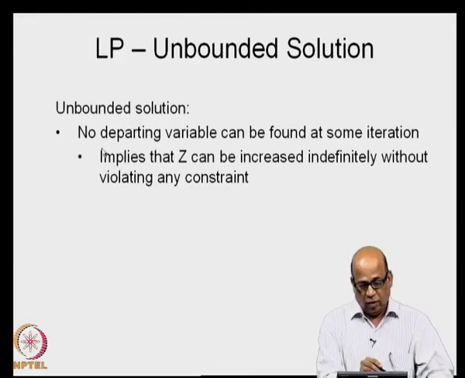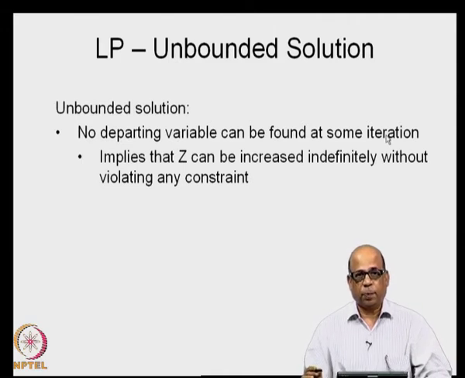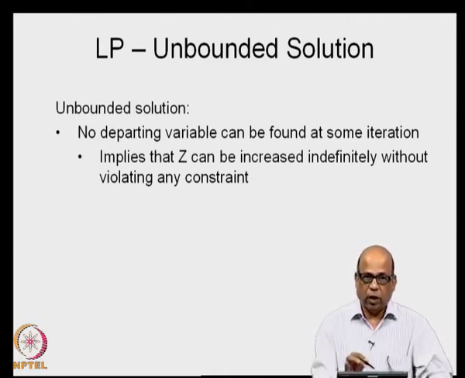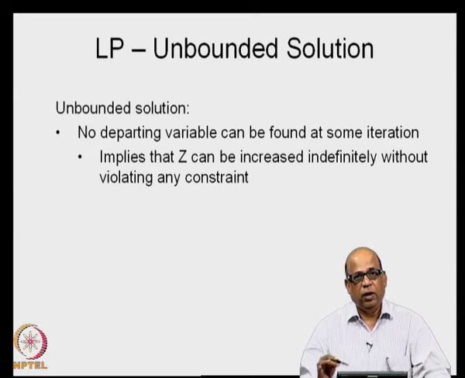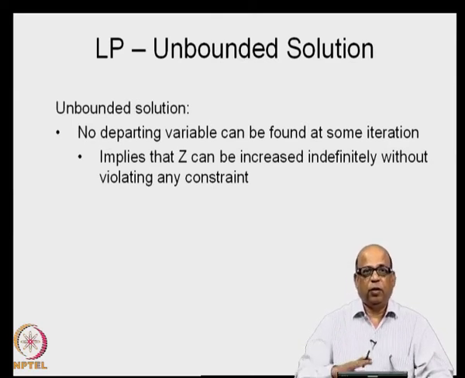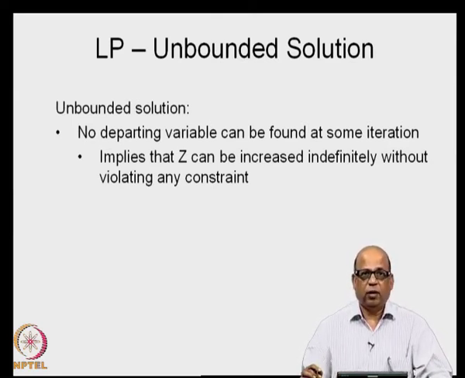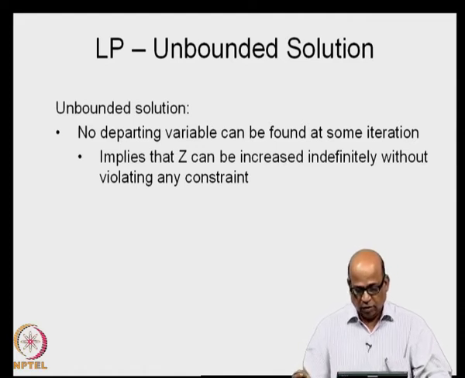Let us look at an example. This unbounded solution is a situation where no departing variable can be found at some iteration. You have not reached the optimal solution yet. At an intermediate iteration, you come across a situation where a departing variable cannot be found. Such a situation leads to an unbounded solution.